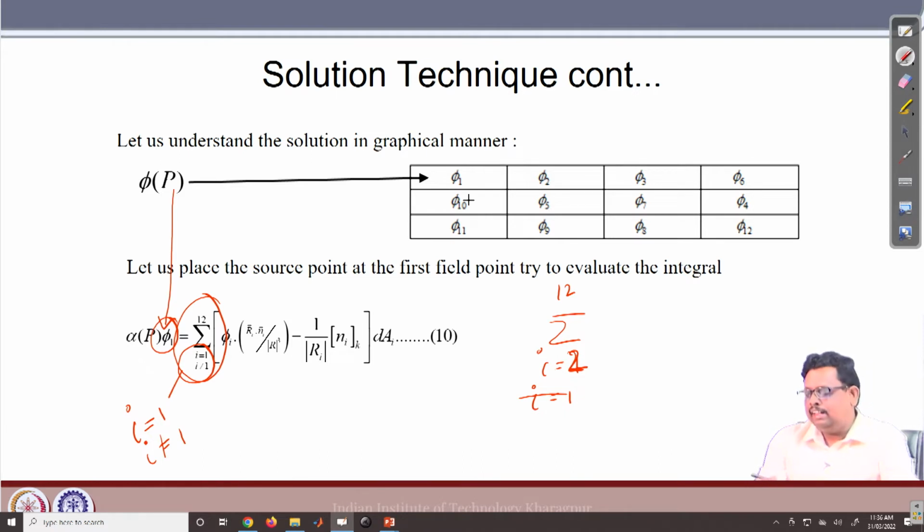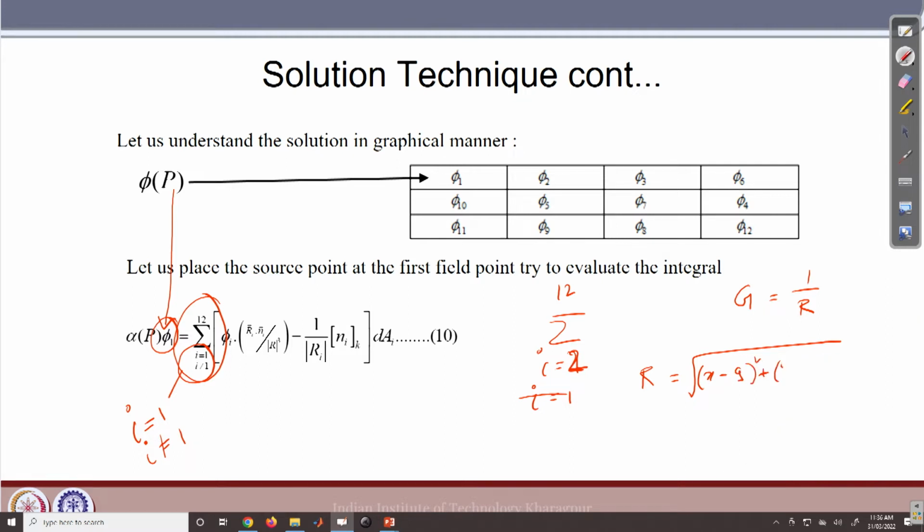The reason is that if you consider our Green's function G equal to 1 upon R, and this R is nothing but the square root of x minus xi squared plus y minus eta squared plus z minus zeta squared. Now, if you put I equal to 1, then what is going to happen?